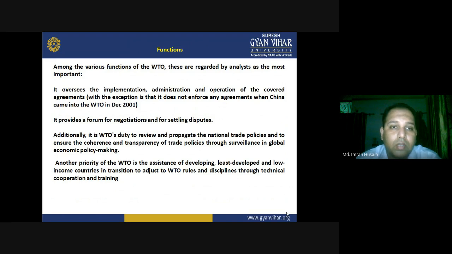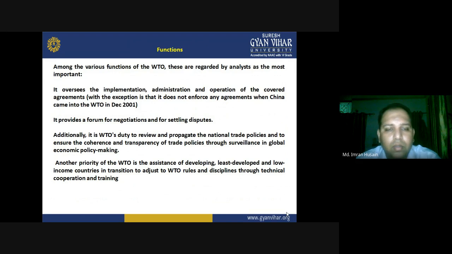It oversees the implementation, administration, and operation of the covered agreements, with the exception that it does not enforce any agreement when China came into the WTO in December 2001. It provides a forum for negotiation and for settling disputes.